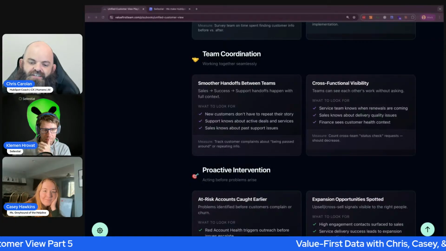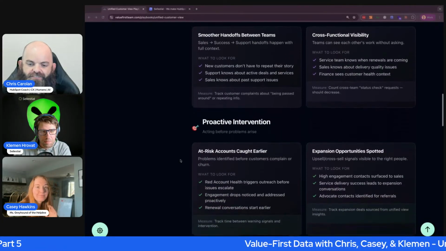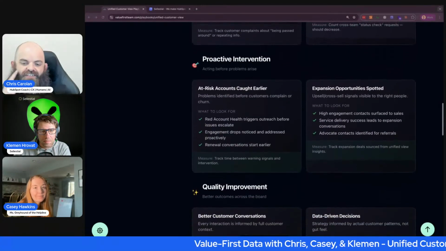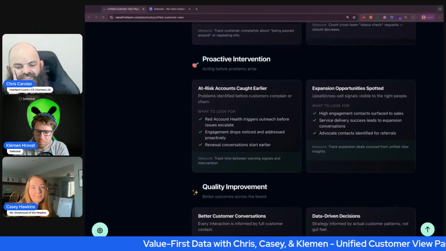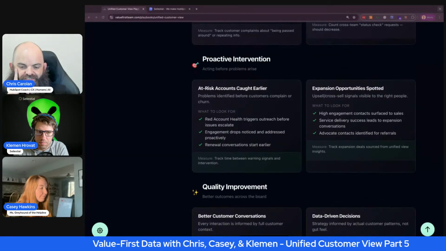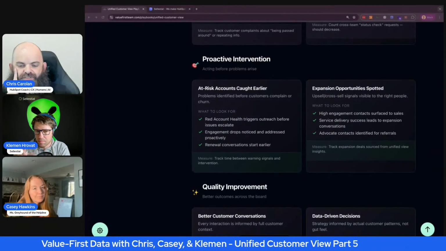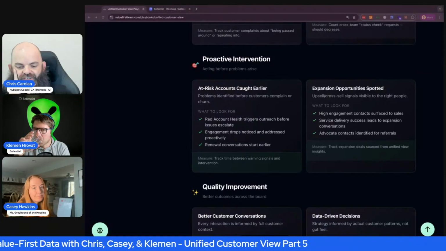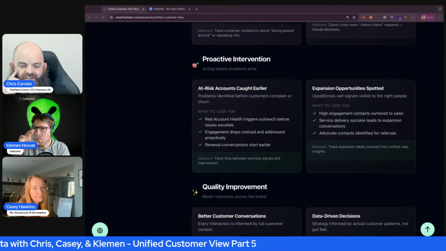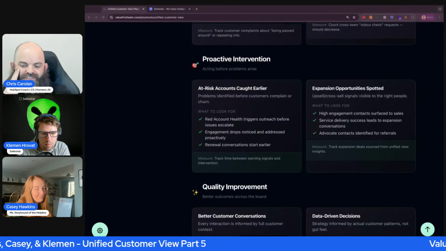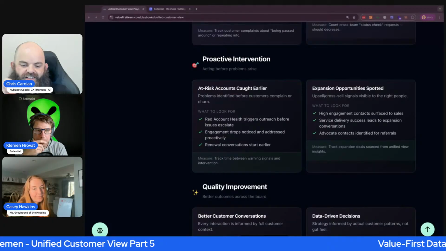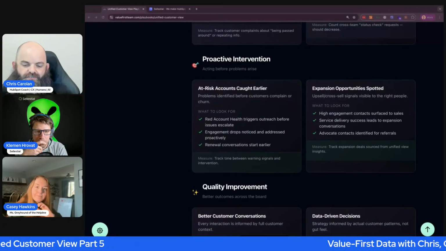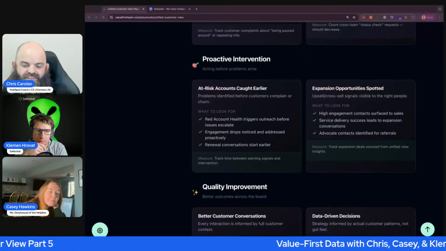Proactive intervention, acting before problems arise. At-risk accounts caught earlier. Problems identified before customers complain or churn. What to look for: red account health triggers. Red account health triggers outreach before issues escalate.